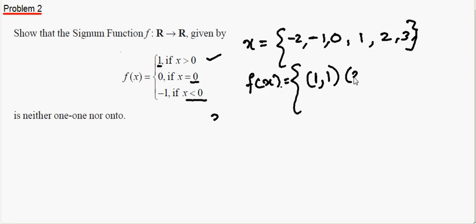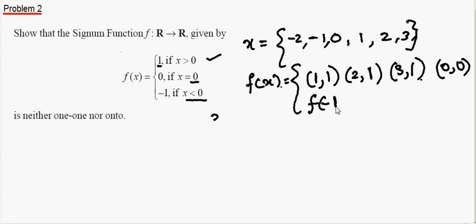When I take 2, f(x) will be 1. When x is 3, f(x) will be 1. If I take x as 0, f(x) will be 0. When I take x as minus 1, the value will be minus 1. When I take minus 2 for x, the value will be minus 1.